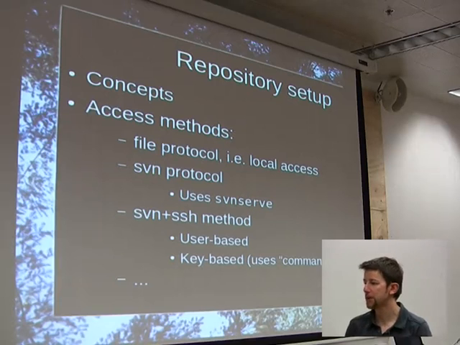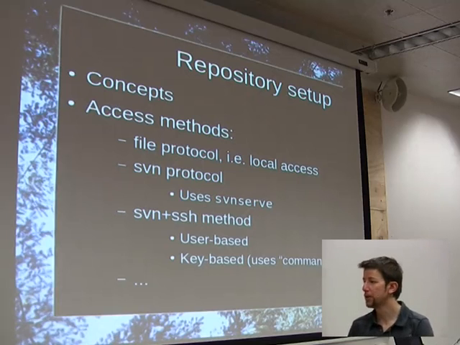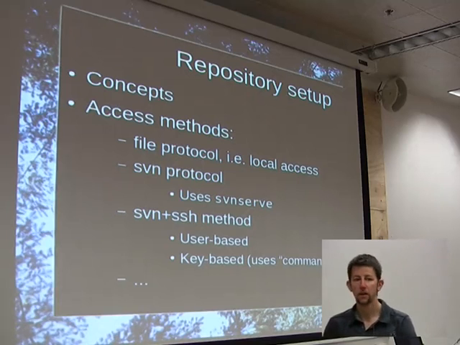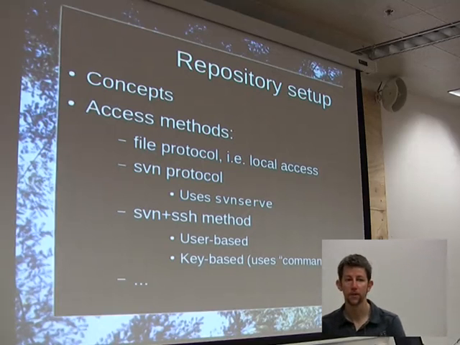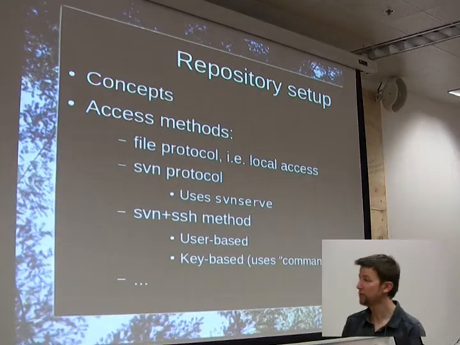If anybody's used something like Bitbucket or even GitHub, you will be familiar that you log in using the user Git, and you have to have all your own SSH keys set up on the server. That's because of something called command forcing.